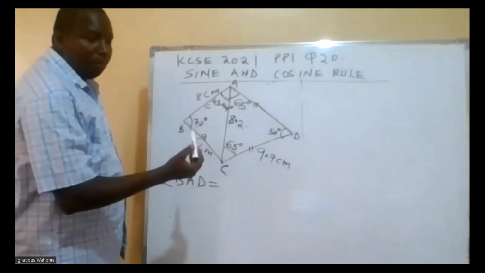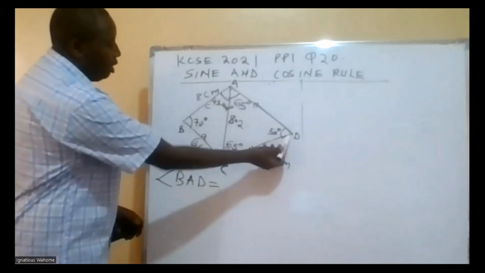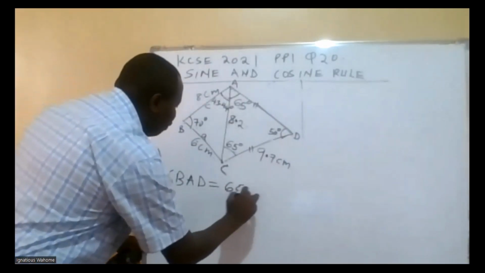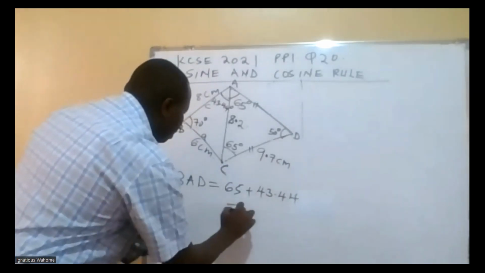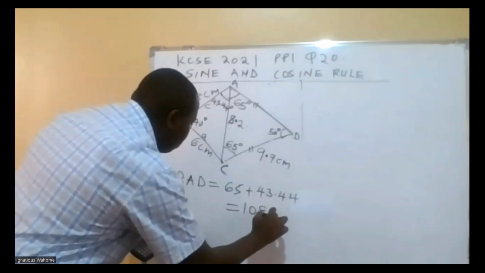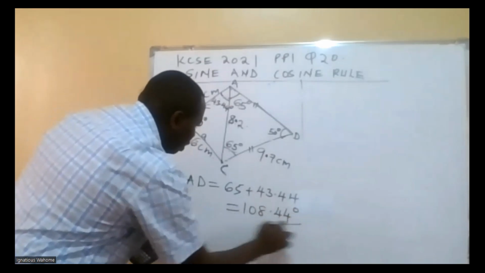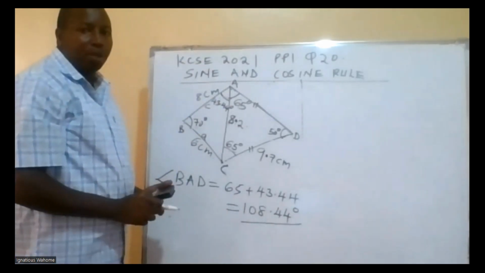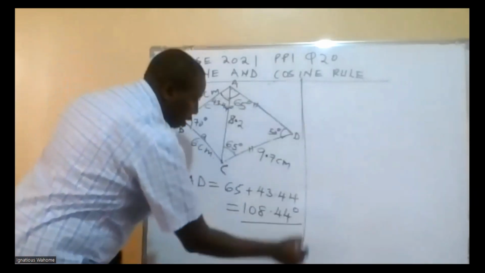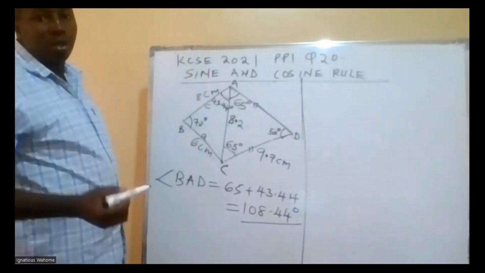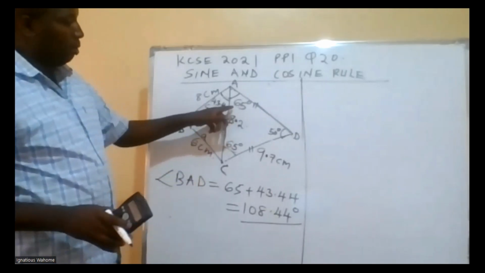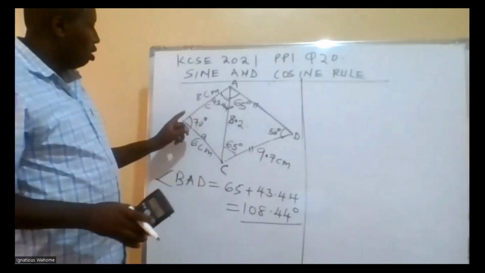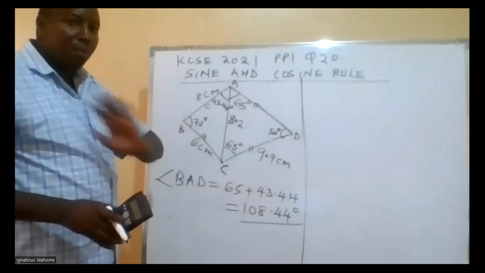So our angle BAD will be equal to 65 plus 43.44, and this one you get is 108.44 degrees. So that's how you get that angle, 108.44 degrees. You add these two. So that's angle BAD.